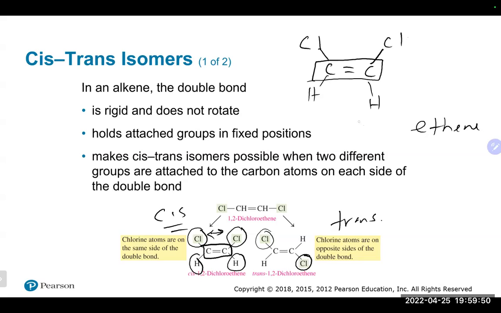So this is 1,2-dichloroethene. And because this is cis, they typically will just put cis in front of it. So cis-1,2-dichloroethene. This would be the exact same name, except that it is trans-1,2-dichloroethene in this particular case.